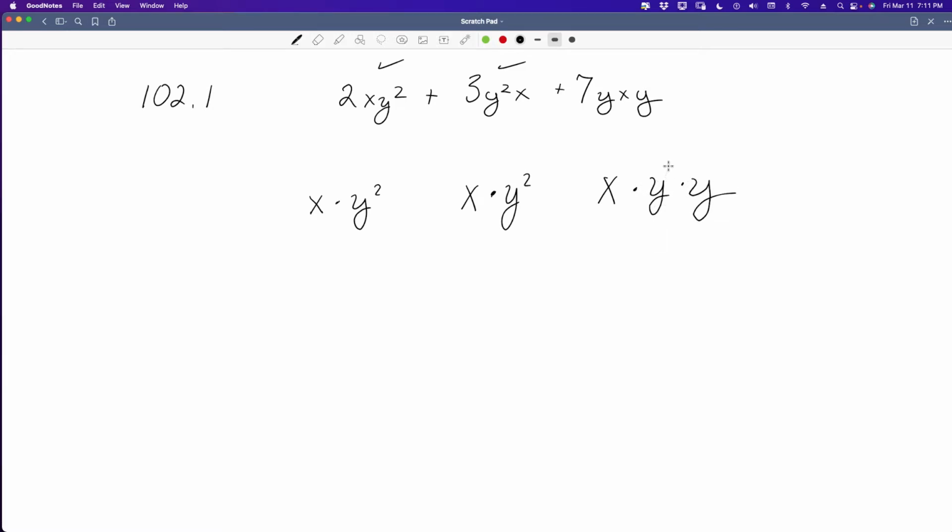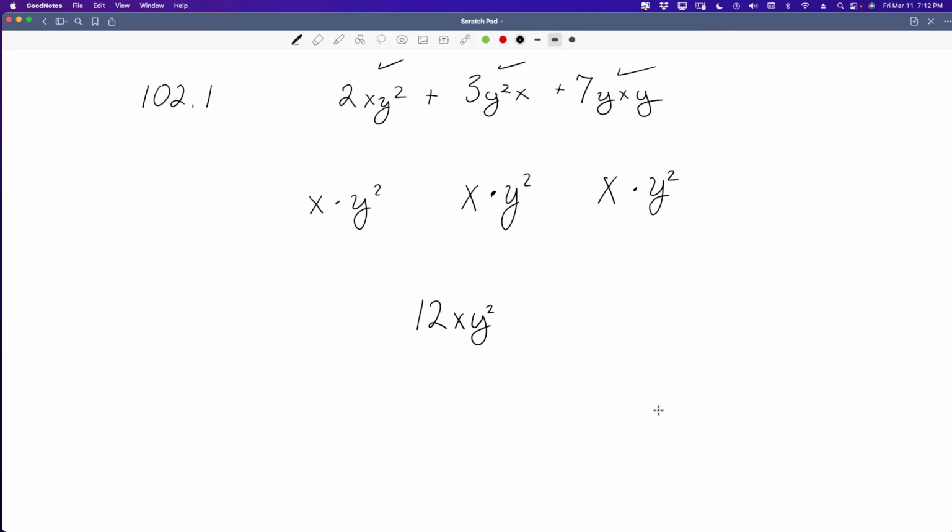Well, we know that when we have y to the 1 times y to the 1, we add the exponents, 1 plus 1, which would give us a y squared. So this one matches as well. So that means that we can add the 2 and the 3 and the 7 together, and that gives us 12 with variables x, y squared. And that would be our answer.